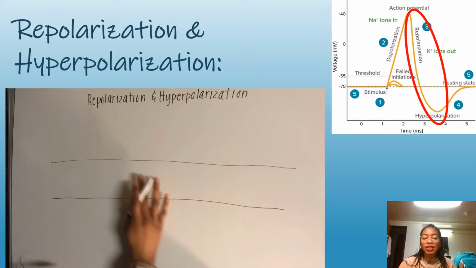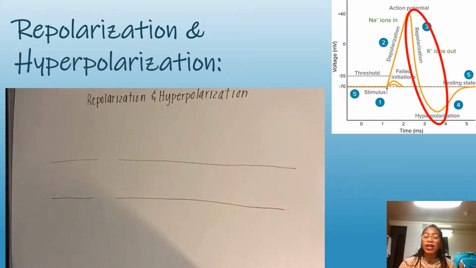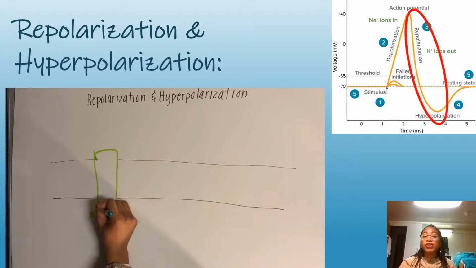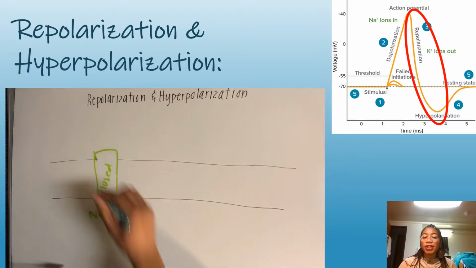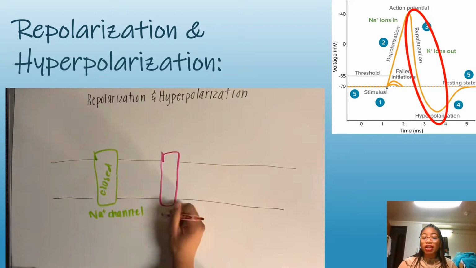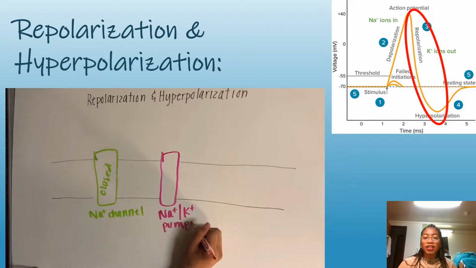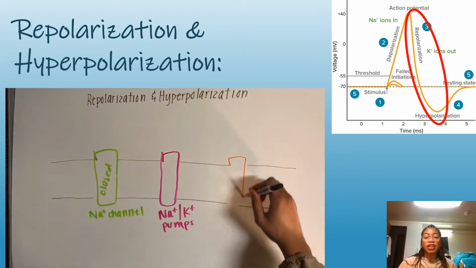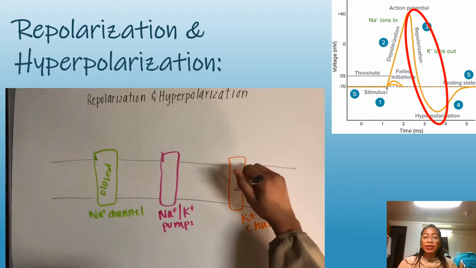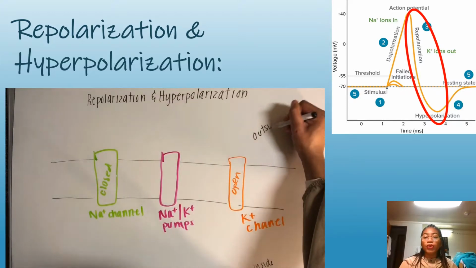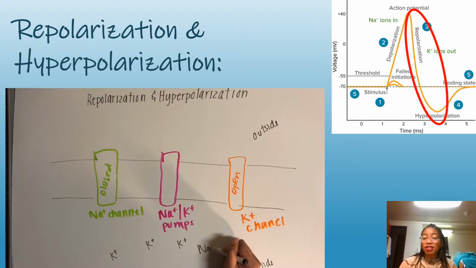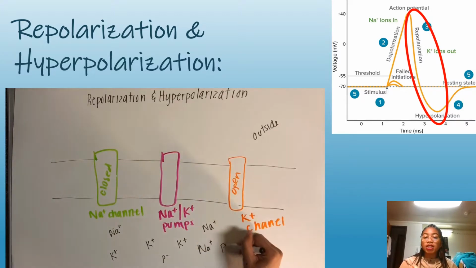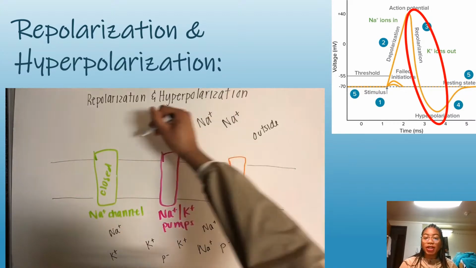Okay, the next stage is the repolarization and hyperpolarization stages. Once a cell reaches the action potential, the Na+ channels finally close and there's a reflux of K+ out of the cell, causing the voltage to rapidly drop. Sometimes a cell's voltage may drop below the resting state's normal voltage, causing a stage called hyperpolarization.